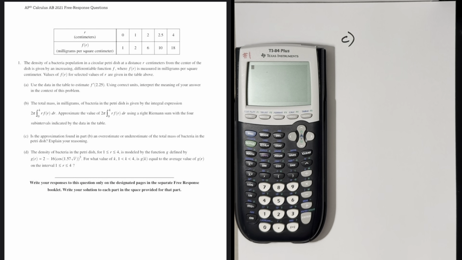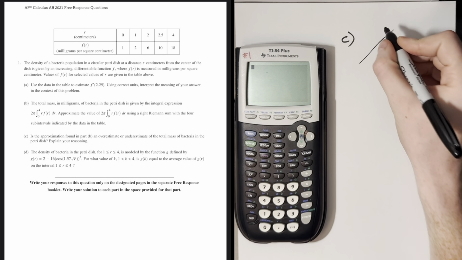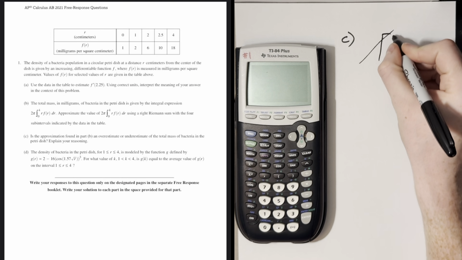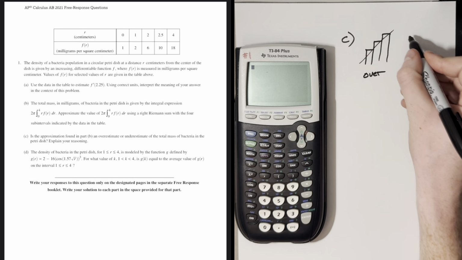Now let's think about this. Riemann approximations. When do they over versus under approximate? Well, this is a right Riemann sum specifically. And if our function was increasing, a right Riemann sum we know uses the right value to approximate. So if I were to draw out an example, this clearly over approximates.